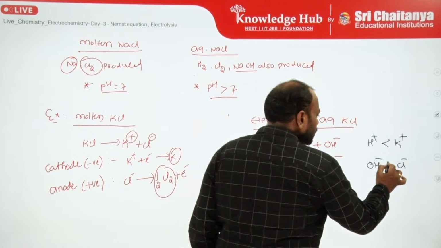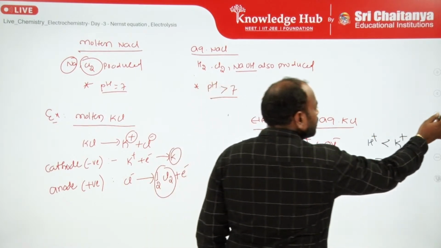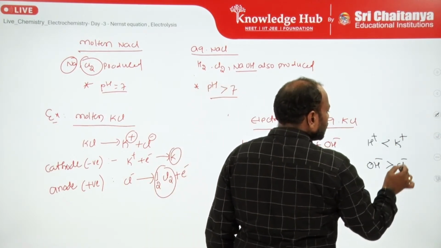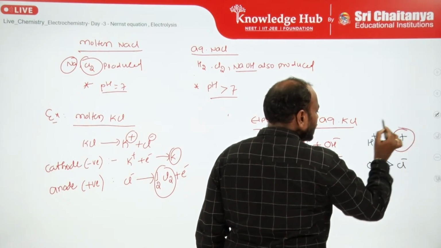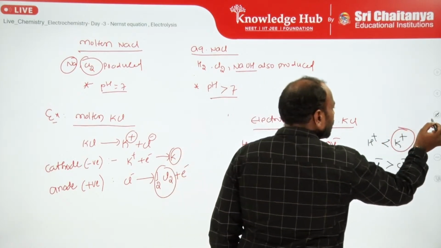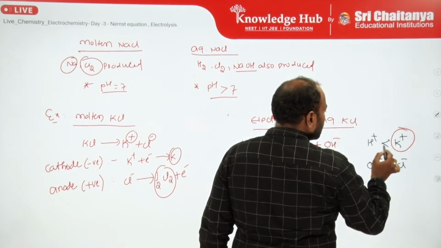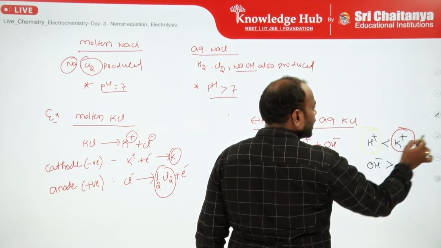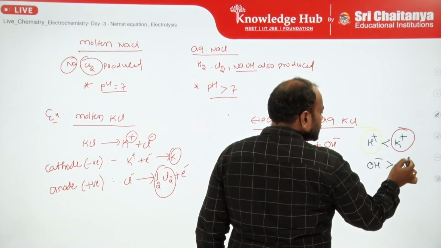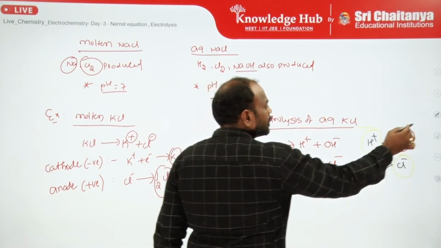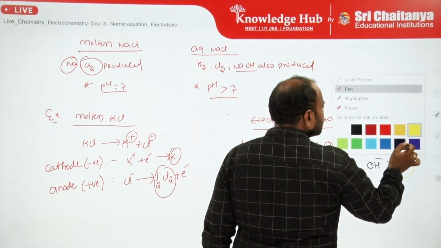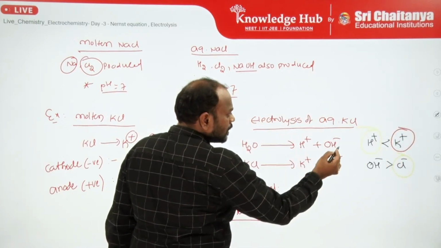So which ions are migrated towards the electrode? Here H plus is migrated and here Cl minus is migrated. By migration of these we get the products.